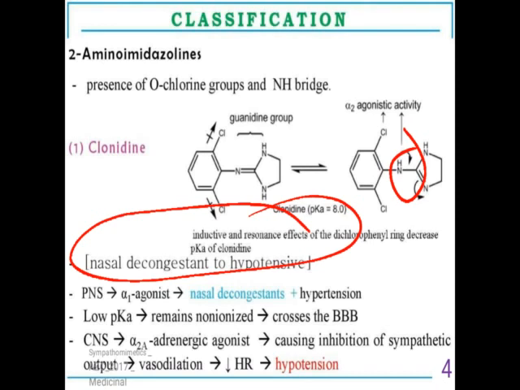To cross the blood-brain barrier, the drug should be in the unionized or lipophilic form. So due to the low pKa, clonidine remains non-ionized and crosses the blood-brain barrier easily. Hence it produces alpha-2 activity in the CNS. So it is useful for hypertension, that is, it brings the increased pressure down to normal. Besides nasal decongestion, the other use is hypertension.